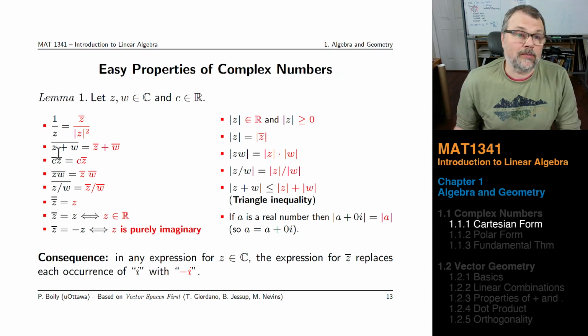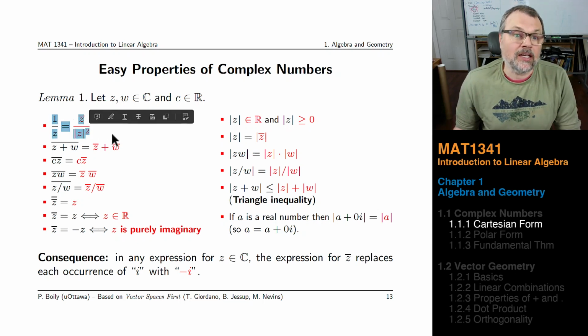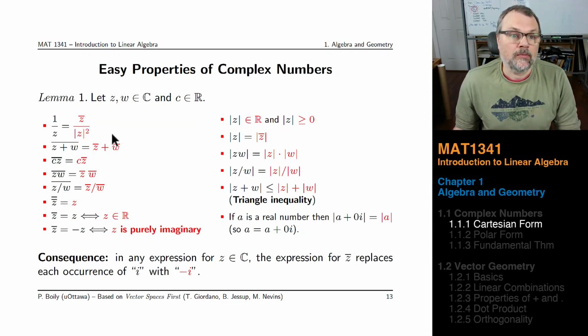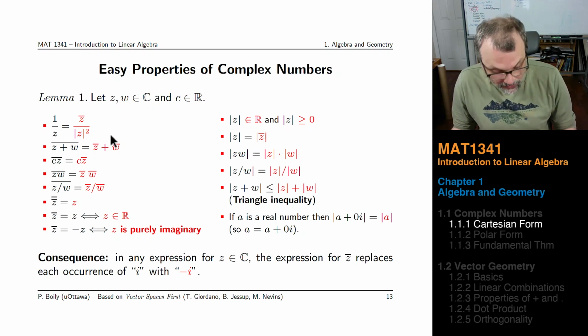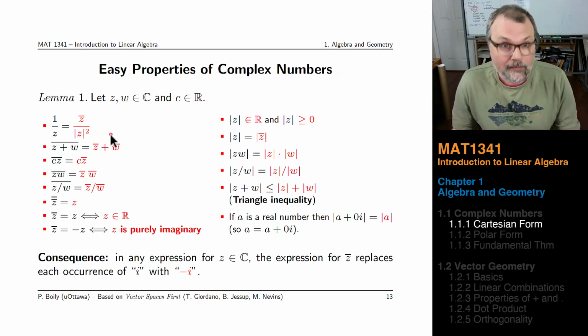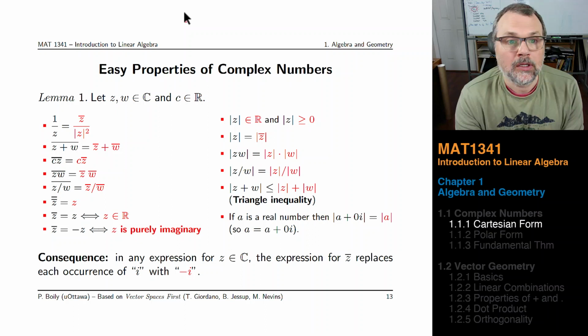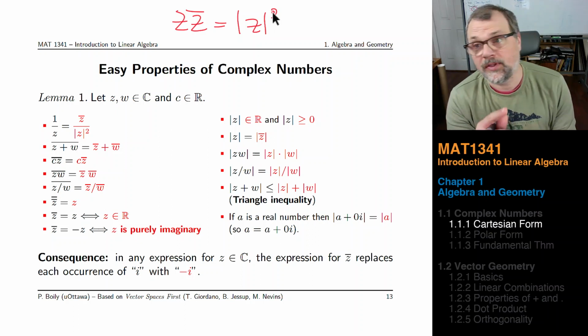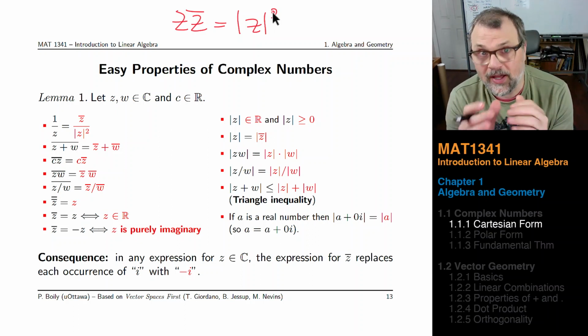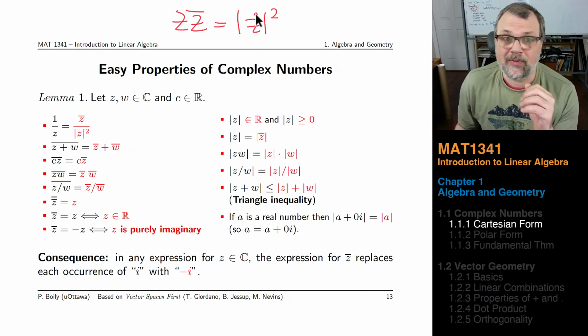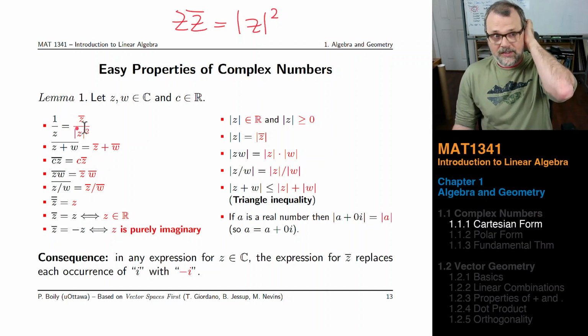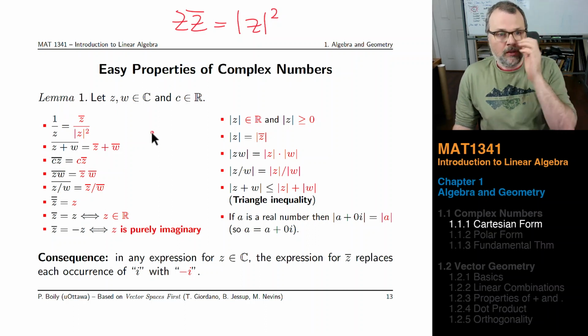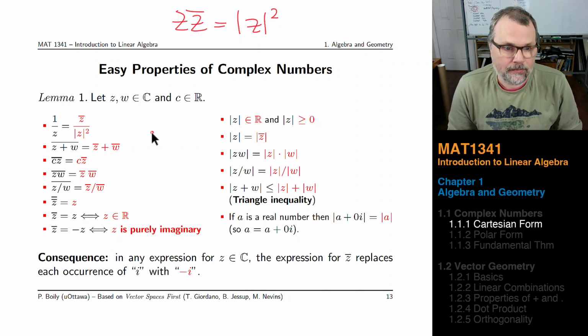This thing here, I'm ashamed to say I never remember it. But I can always work it out because I do remember, as you should presumably, that z times z conjugate is equal to this one. If you remember this one, it's easy to derive the other one.